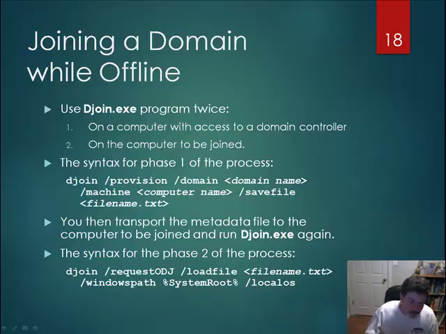This is a two-part process. More often than not, this is not a very convenient way to add a system to the domain. Maybe if you've got a remote user somewhere that needs to have a system added to the domain, this is one way that you can accomplish that.